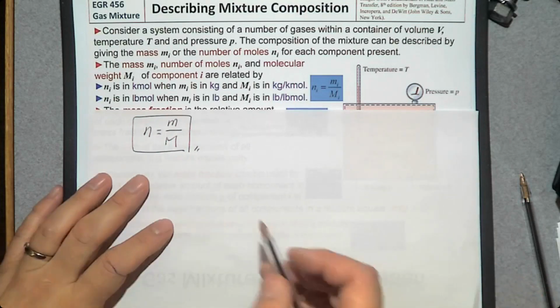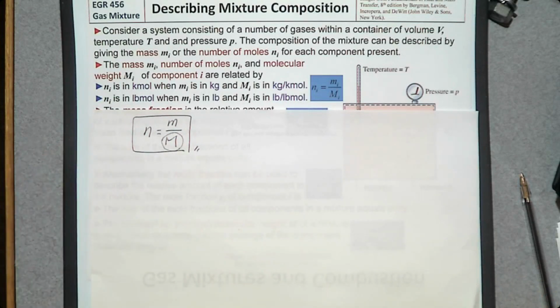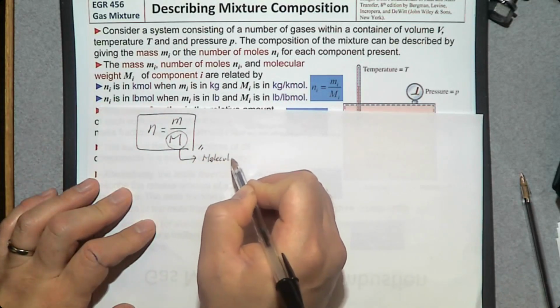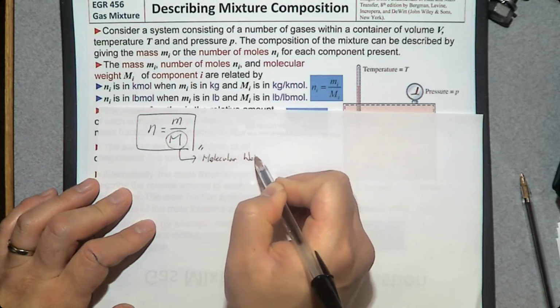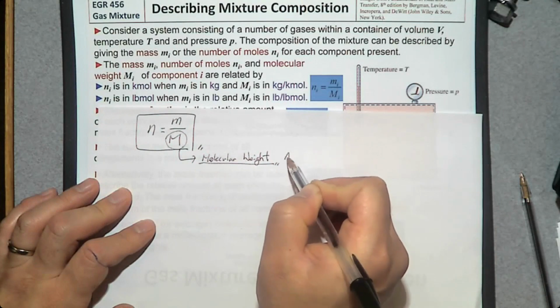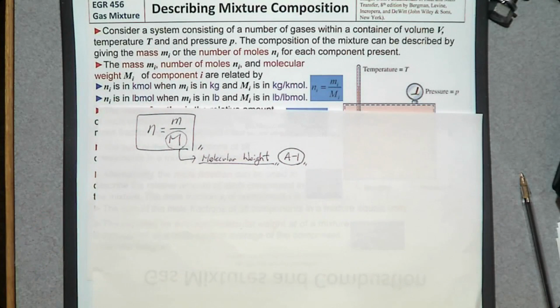So then where can we find this capital M? It is molecular weight. Where do we find this molecular weight? From table A1. So let's go to table A1.